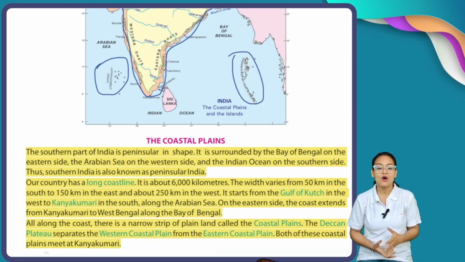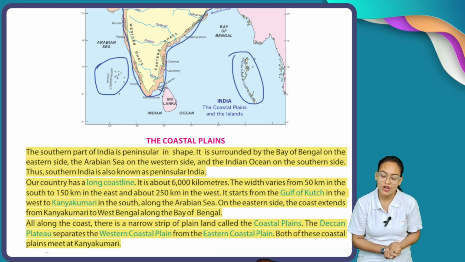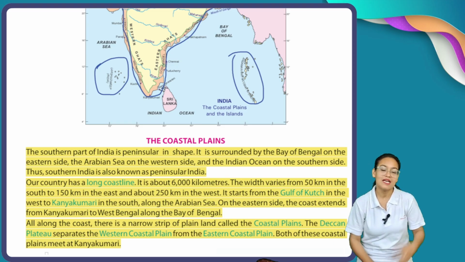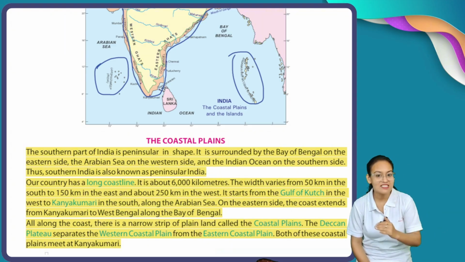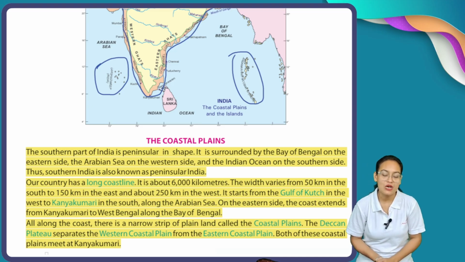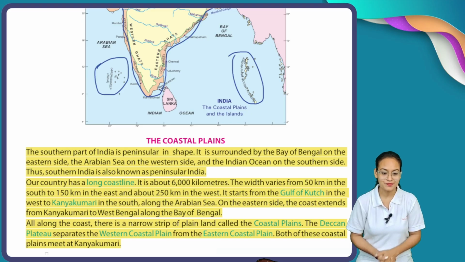And why is our southern part of India peninsular in shape? Because it is covered by water bodies from three sides. In the east it is covered with Bay of Bengal, in the west it is covered with Arabian Sea, and in the south it is covered with Indian Ocean. That's why southern India is also known as our peninsular India.